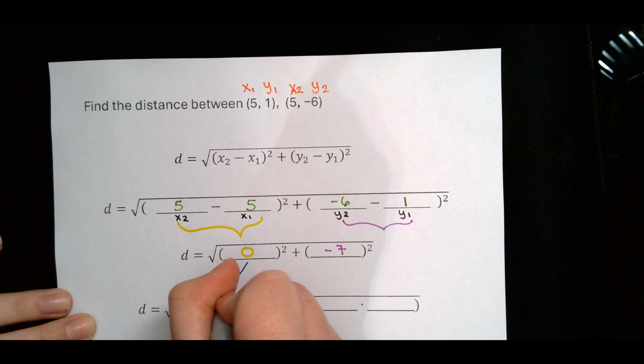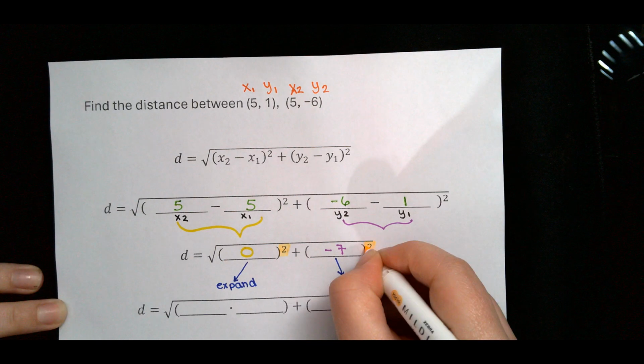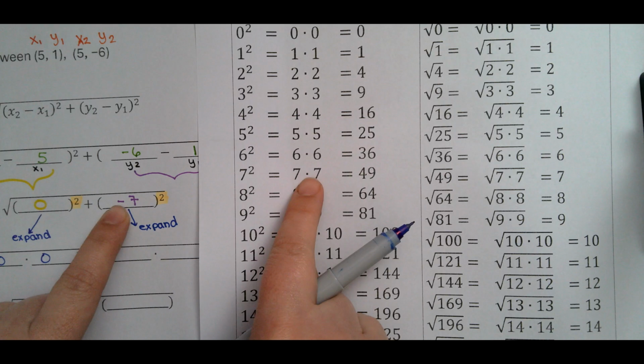This goes back again to yesterday's lesson. If you need to use your cheat sheet, go ahead and look at your cheat sheet. So 0 squared, we're going to expand that as 0 times 0. Negative 7 squared, I'm going to write instead negative 7 times negative 7 because that's the number we have.